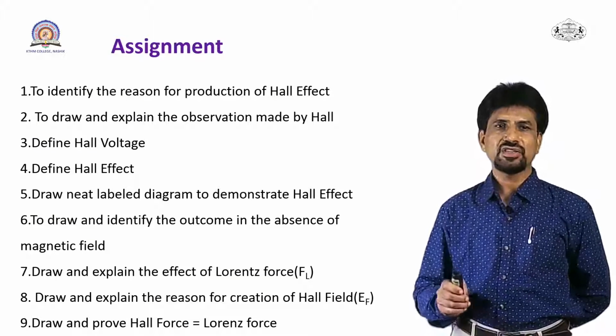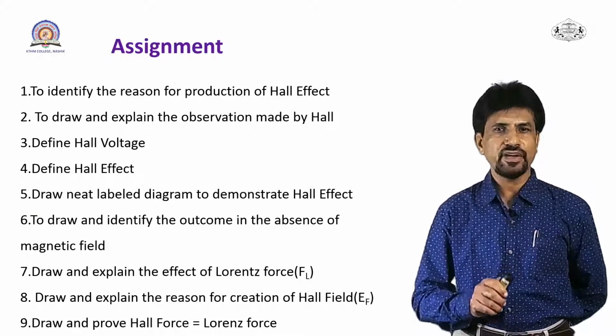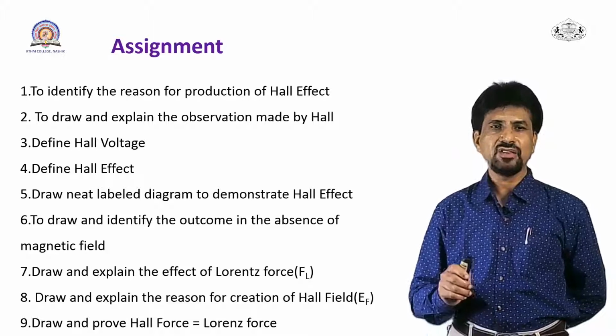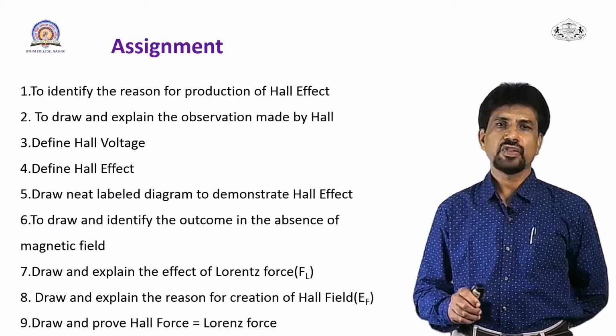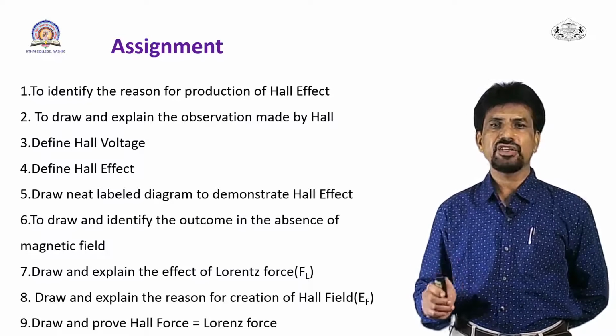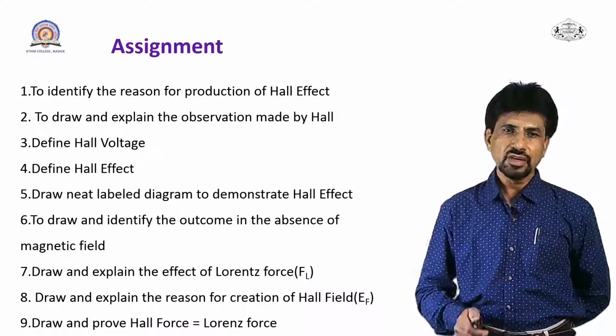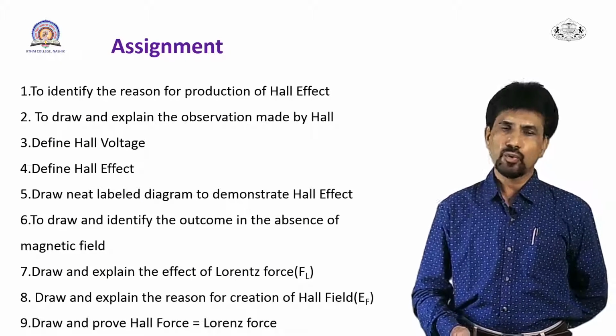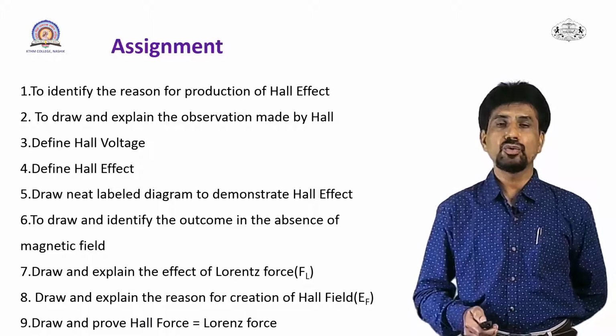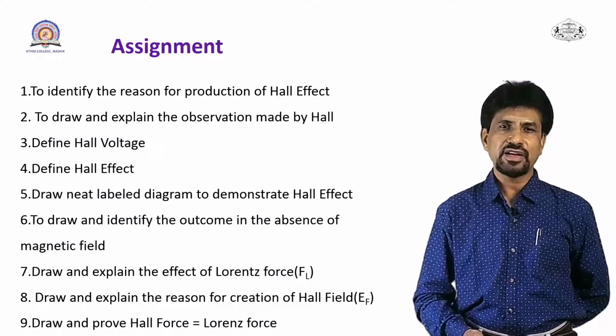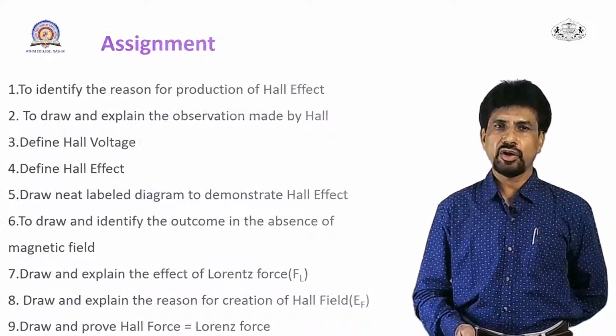The seventh is to draw and explain the effect of the Lorentz force. The eighth is to draw and explain the reason for the creation of the Hall field. The ninth is to draw and prove why the two forces are equal, that is, the Hall force and the Lorentz force.